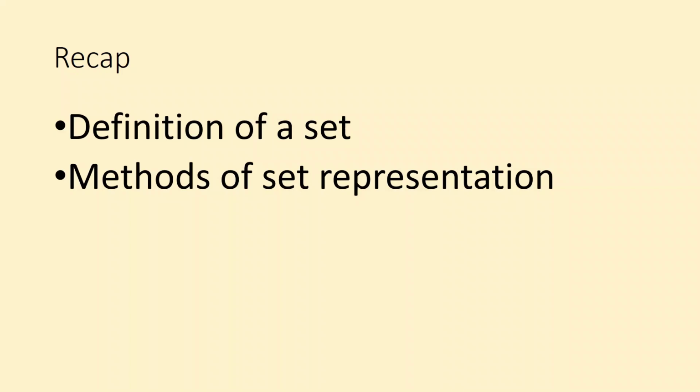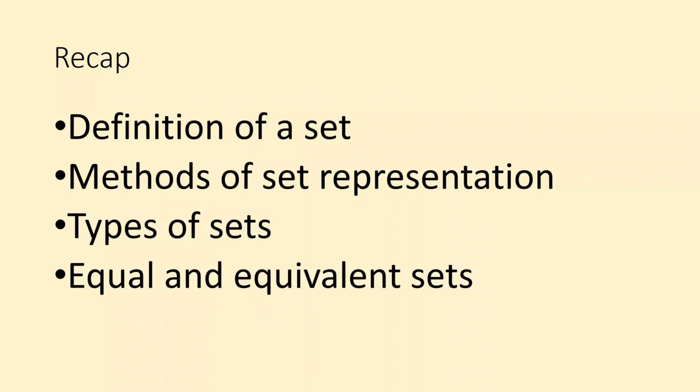We discussed the roster method, where we list out all the elements of the set, and then we discussed the set builder method, where we write down the set inside curly brackets, where we define the properties of those elements. So we write down something like x, and then we define the properties of the x. Then the types of sets: singleton sets, empty sets, finite sets, infinite sets, and finally the equality and equivalence of sets. So these are the things that we have covered.